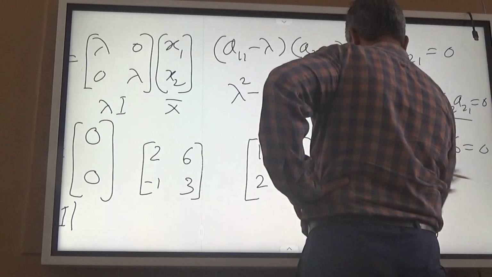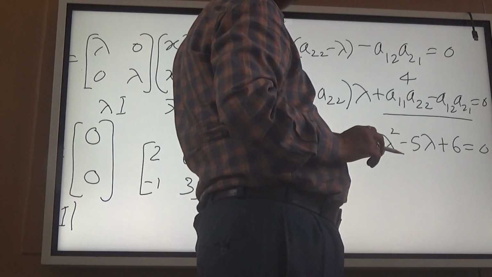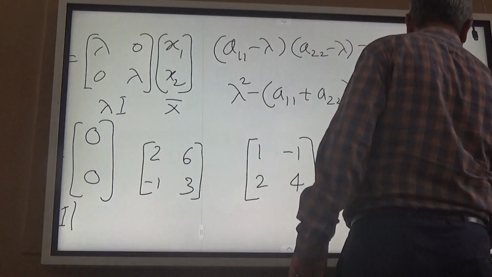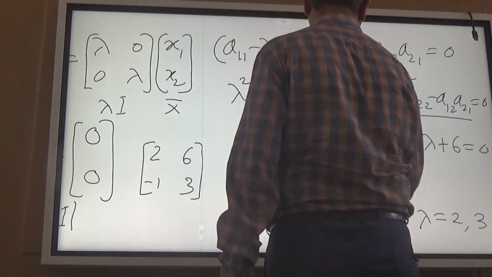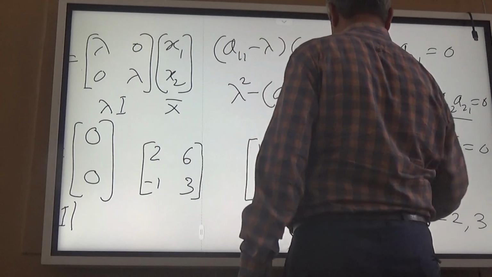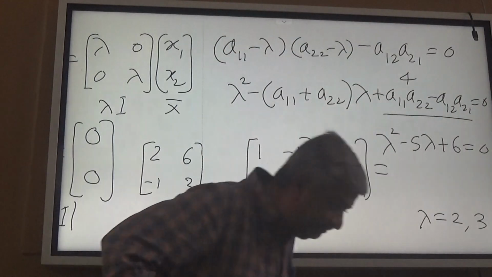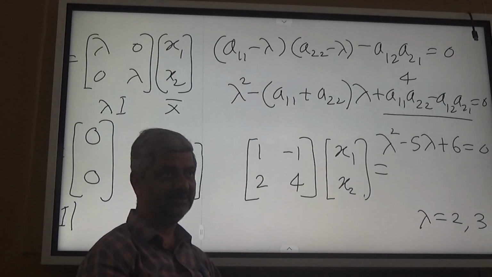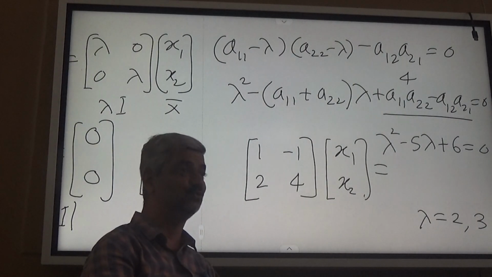Is it alright then? Is it okay? So lambda values are 2 and 3. It means for lambda equal to 2 and lambda equal to 3 there exists, it is not that for any value of vector it is true.